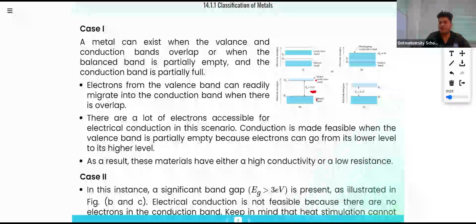And in the case of a semiconductor, the gap between the valence band and conduction band is smaller than 3 electron volt. First it is greater than 3 electron volt, then it is smaller than 3 electron volt. Okay?